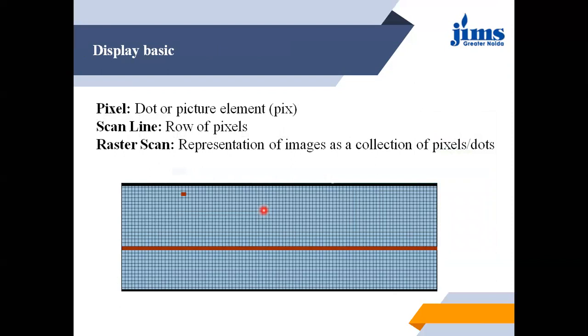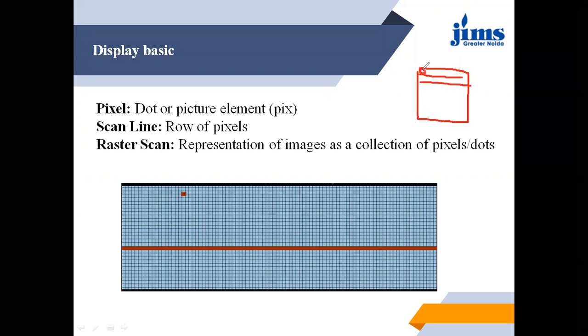Now, when we are discussing the digital display device, everything is going to be in the form of pixels. Suppose this is a display device, then it is made up of pixels.